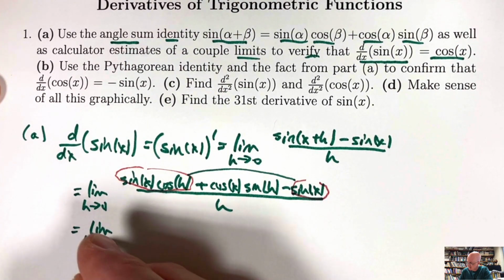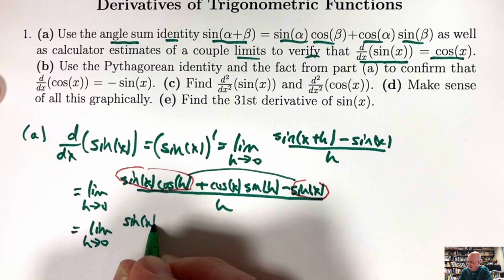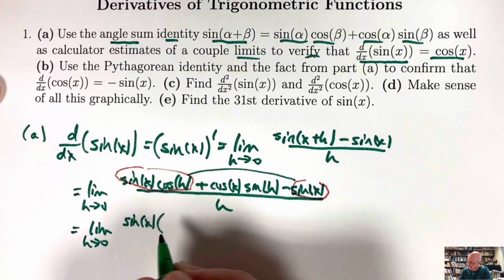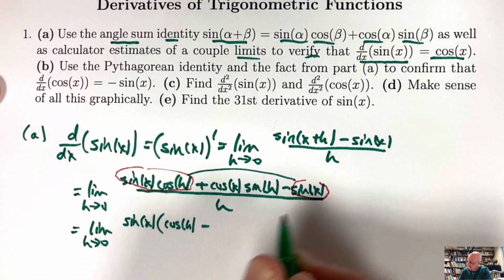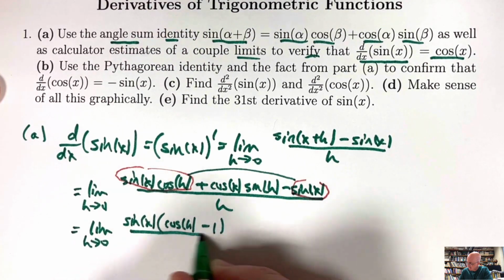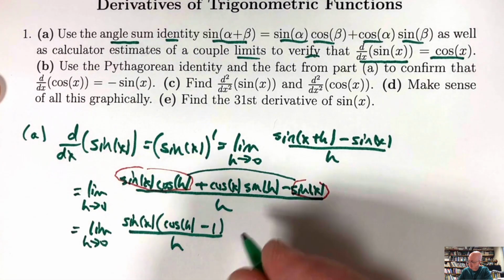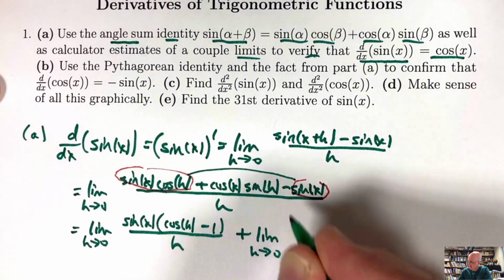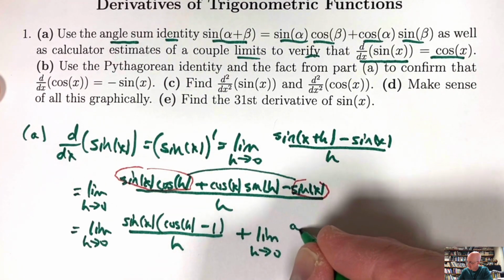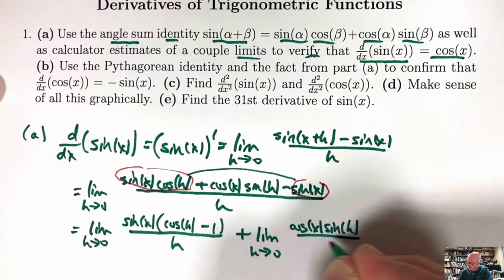The limit as h goes to 0 of the first two terms with the sine of x factored out, the two terms that I've circled there, sine of x, and in parentheses cosine of h minus 1 divided by h. I'm also going to right away use the fact that the limit of a sum of two things is the sum of their limits. So I'm going to write plus the limit as h goes to 0 of this thing right here, cosine of x times sine of h over h.